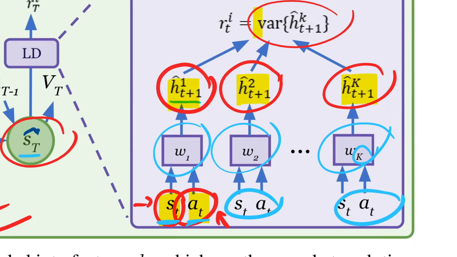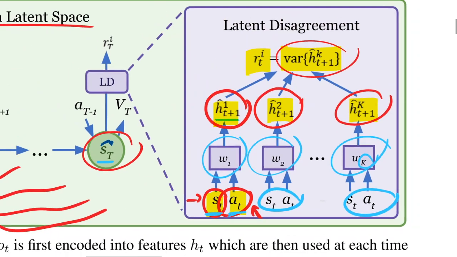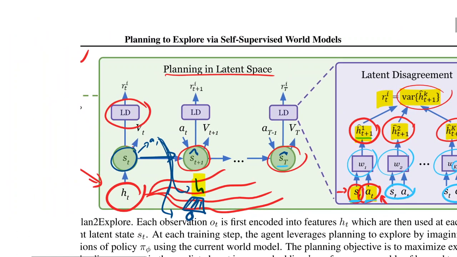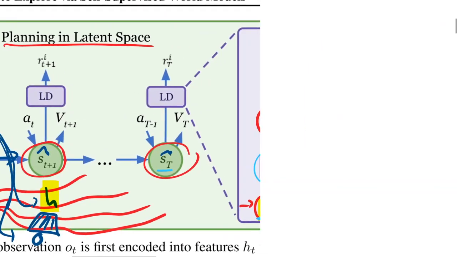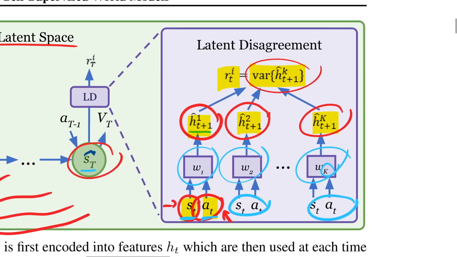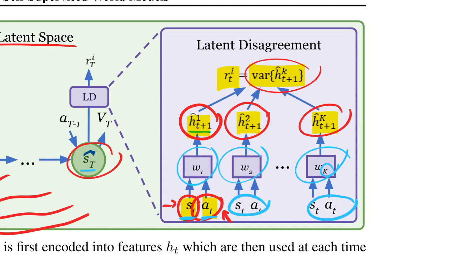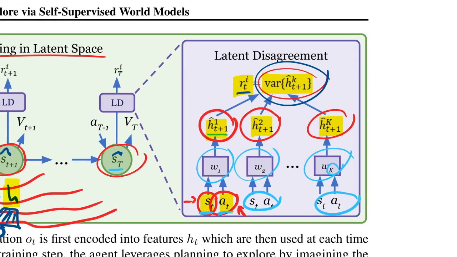And because of that, this variance will be high. And this variance you take as the intrinsic reward. So in each step, you basically try to predict over the next actions you can do, which ones lead me to a situation where I don't know what's going to happen, where I cannot really predict. The variance in my prediction is high. So I really don't know what's going to happen, and that is going to be the states you seek out.